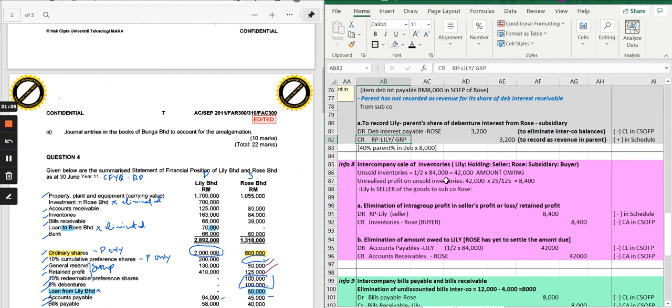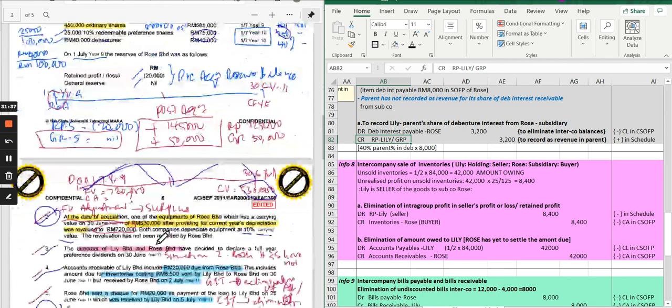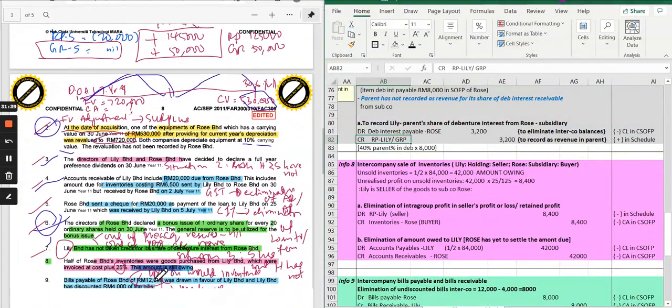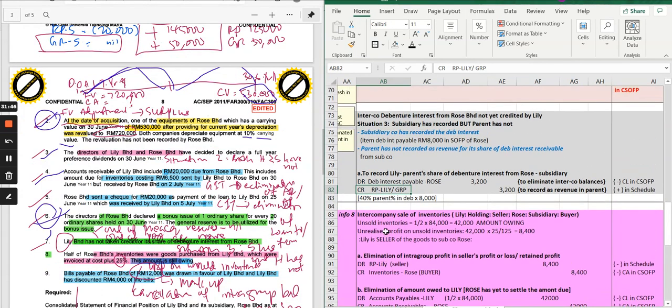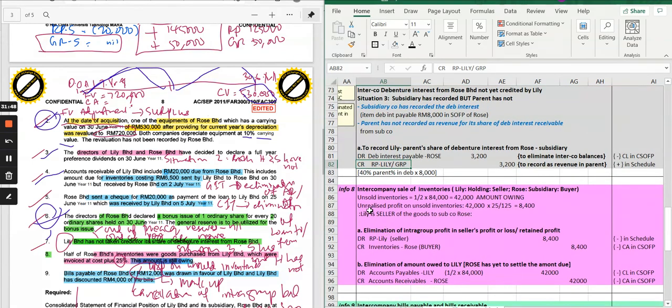That is the amount owing. Since you are informed here that the amount is still owing, the blue section here. Then the unrealized profit would be based on markup. So you take 42,000 of unsold inventories times 25 over 125, you have 8,400.